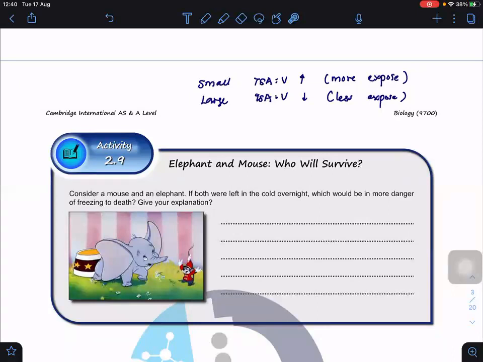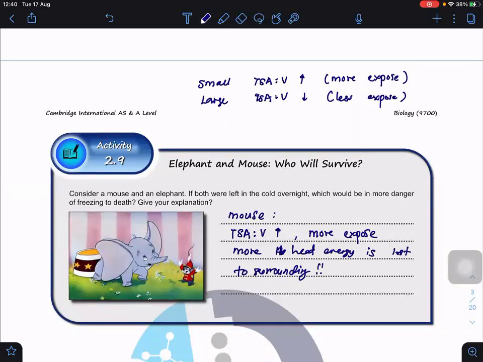The mouse. Why? Because the total surface area to volume ratio is high, so it is more exposed, so more heat energy is lost to the surroundings.